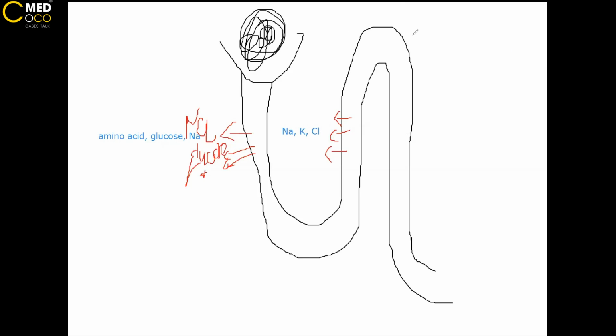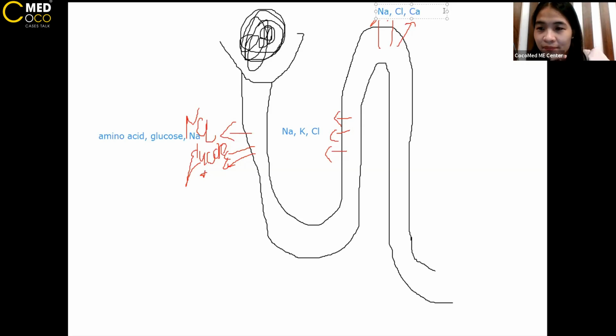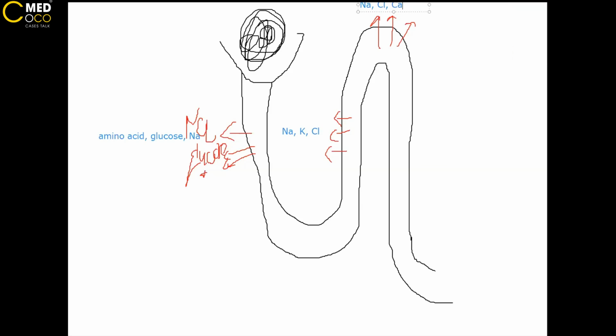In the distal convoluted tubule, there will also be 3 things that can go out. Again, sodium, chloride, calcium. Potassium too. Parathyroid hormone has an effect here.